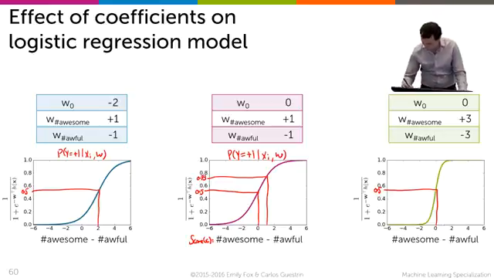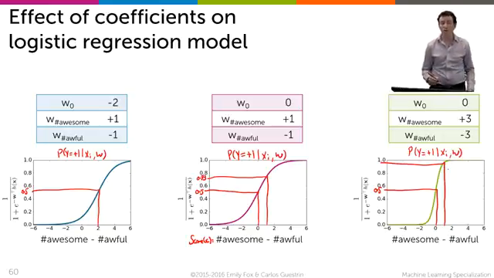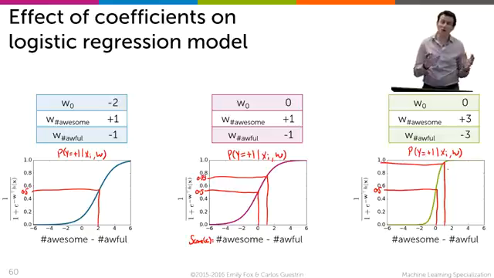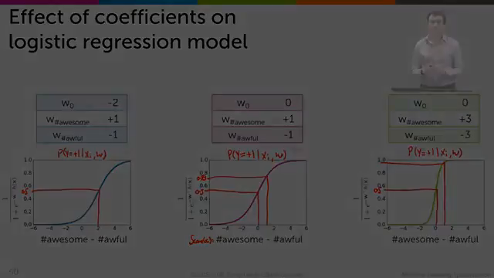In other words, if you just have one more awesome than you have awfuls, you're going to say that the probability of y equals +1 given xi and w is almost 1. So the bigger you make the parameters in magnitude, the more sure you get more quickly. And the amount you change the constant, you're shifting that line to the left and to the right.